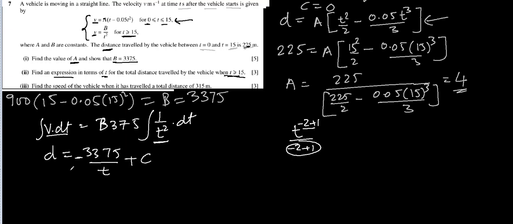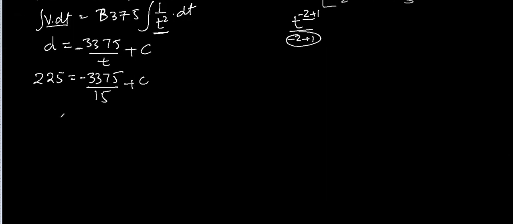To find c, we know that at 15 seconds it was 225 meters away. So we can use this fact to find c. So 225 equal to minus 3375 over 15 plus c, which is 225, and 3375 divided by 15 is also 225, plus c.